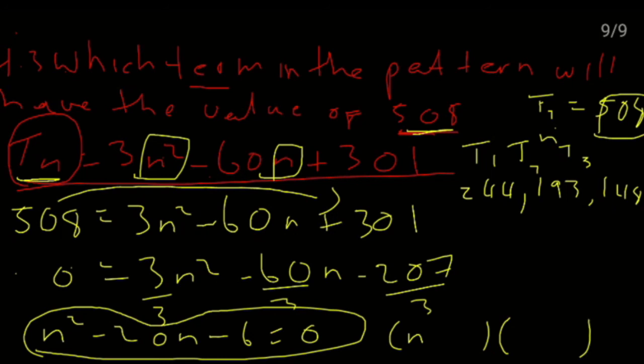Now in this case, remember here 69, so 69 is 23 plus 23 plus 23, it's 69.